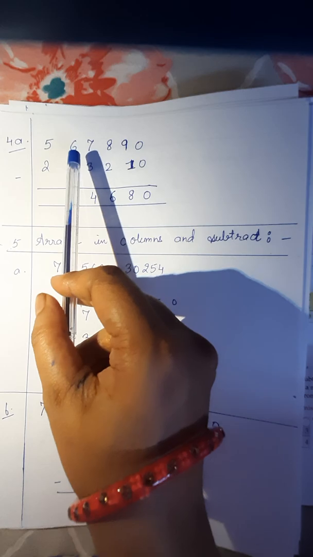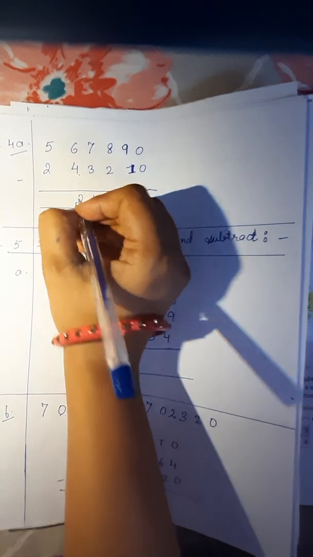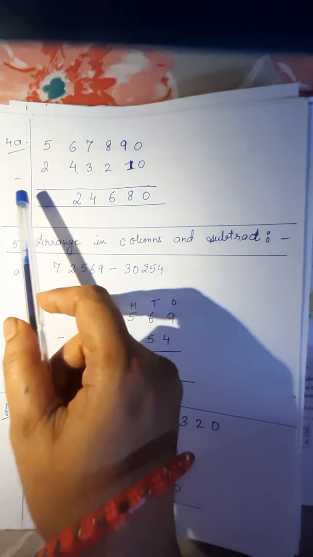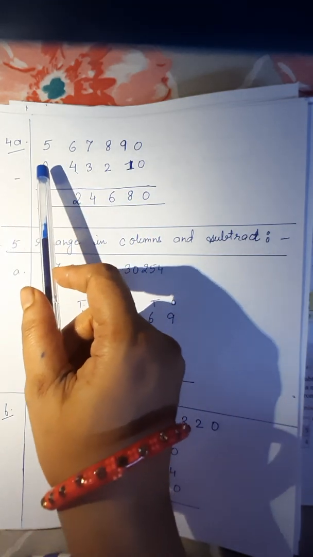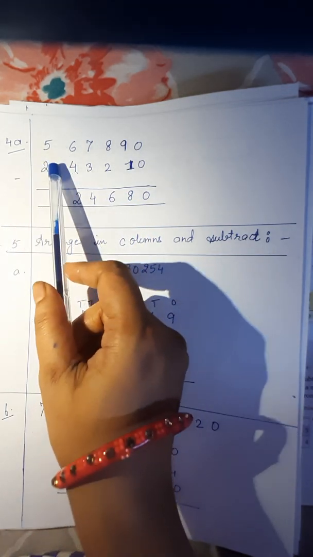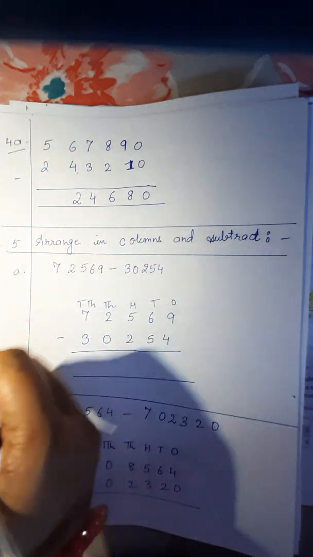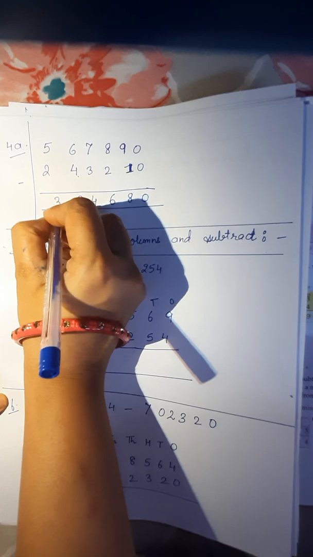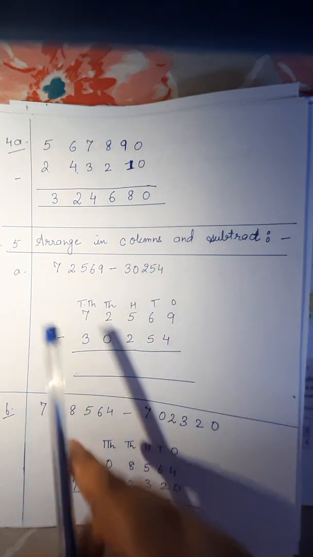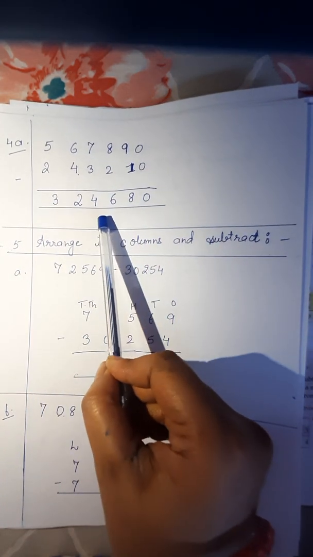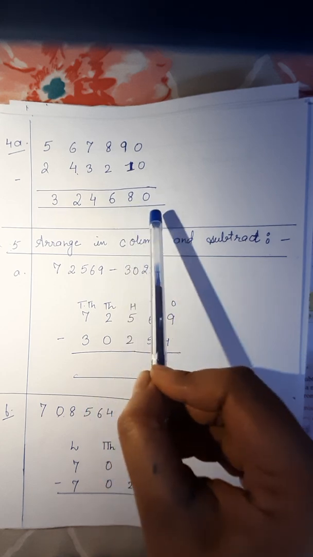When we subtract 6 and 4, we will get 2. Now the last column is left, that is the lakh place, where we have 5 and 2. When we subtract 5 and 2, we'll get 3. So your answer is 3,24,680.